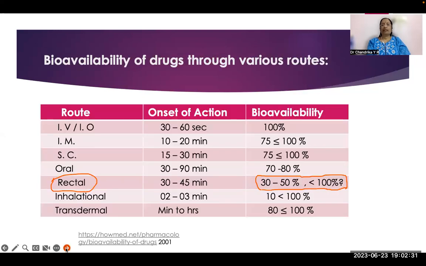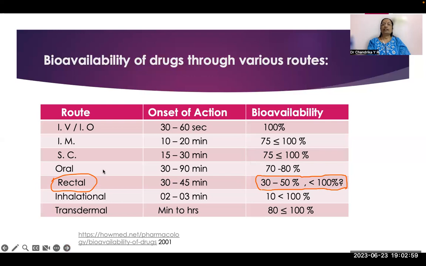This chart or table is showing the bioavailability of drugs through various routes. As you can see in this table, 100% bioavailability is there only for drugs which are given intravenously or intraosseously, followed by intramuscular and subcutaneous routes, which have a bioavailability of 75% to less than 100%. Oral, it's only 70 to 80%.